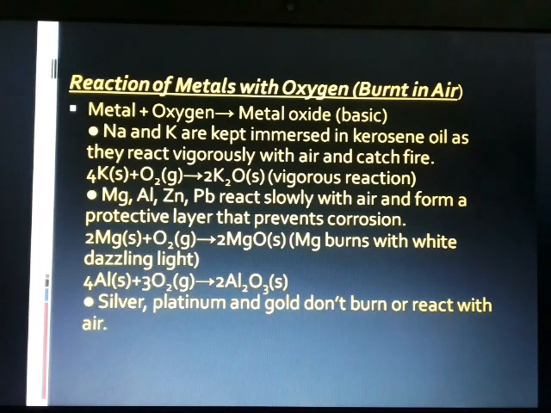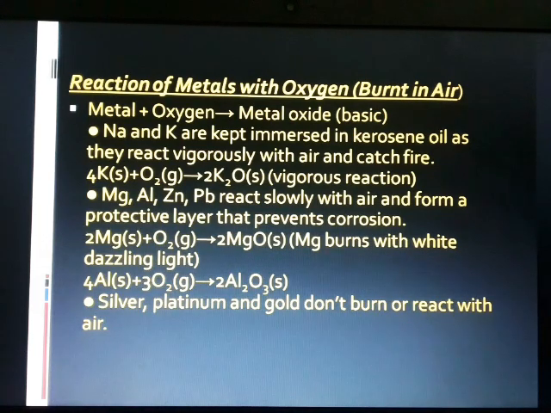Magnesium burns with white dazzling light. Next, aluminium burnt in oxygen gives aluminium oxide. Silver, platinum and gold do not burn or react with air. Since we have seen already, gold, platinum or silver will not react with such things. So here we have seen metal oxides are formed.